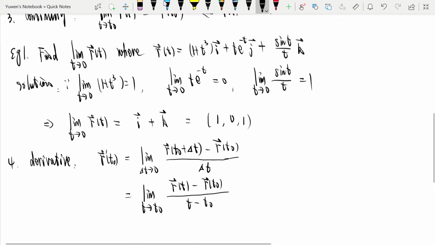The computation is equal to the derivative of x, the derivative of y, and the derivative of z.